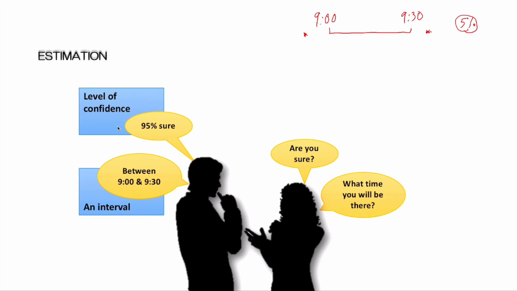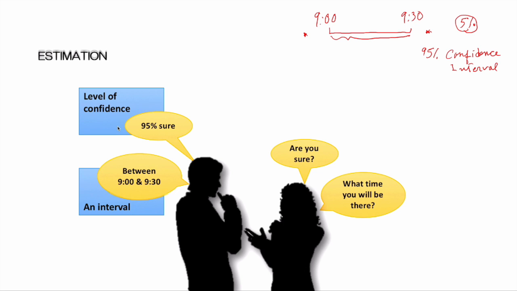This is why in statistics we call it a 95% confidence interval. It means that we are 95% sure that something happens within an interval.